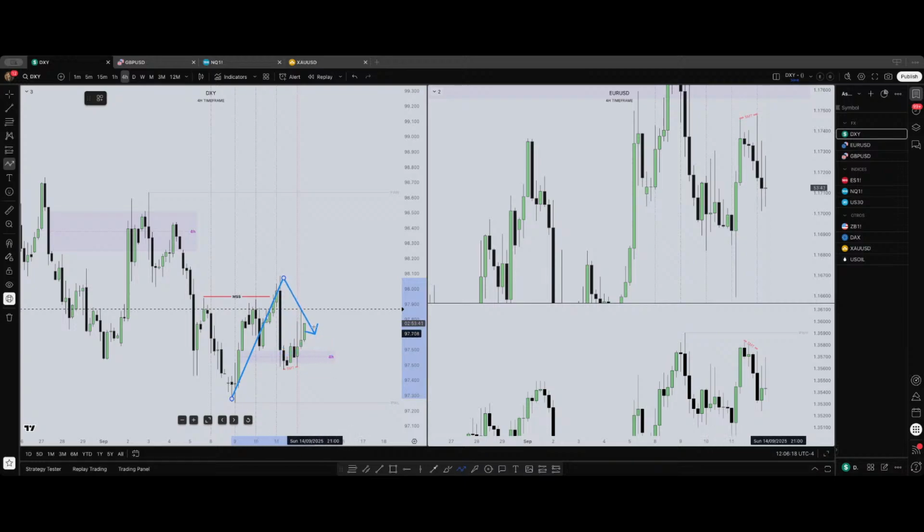If you measure this with the Fibonacci retracement, you will also see we are in the optimal trade entry zone, which is in discount here. The optimal trade entry zone is between 0.62 and 0.79, and it matched the 4-hour imbalance.